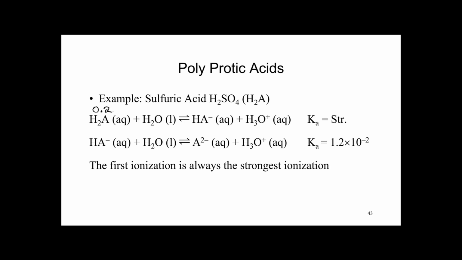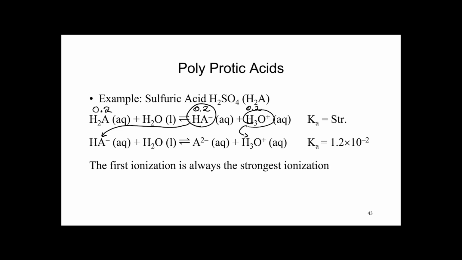That first ionization is going to produce both HA minus, and it's going to produce hydronium in the concentration of 0.2 as well. Now, unlike the mixtures of acids, though, HA minus is actually the starting point for the next reaction, and the hydronium is also in the reaction, but as a product.